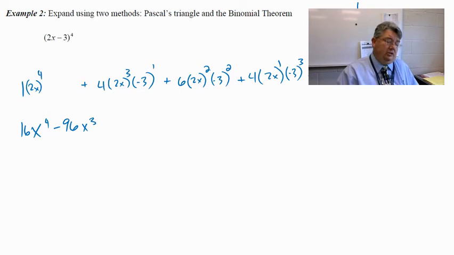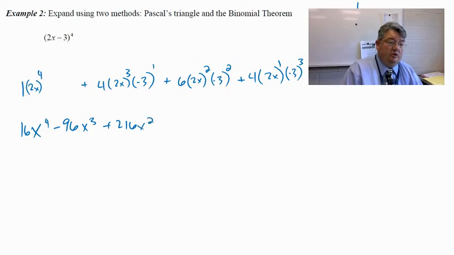Okay? So before I do the x things, maybe I should write down the numbers. Positive 6 times 2 squared times a negative 3 squared. It gives me a positive 216. Positive 216, and it's x squared right there. Okay?